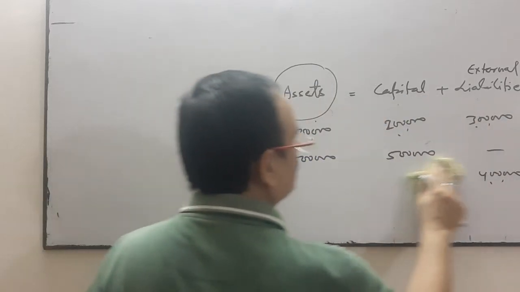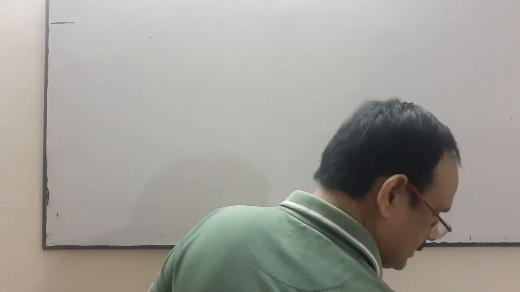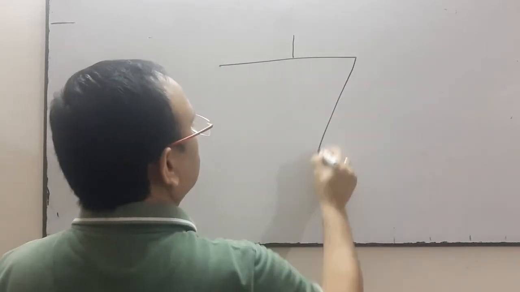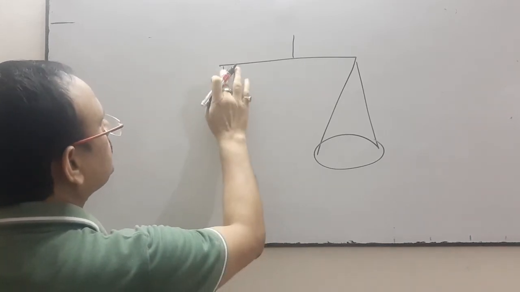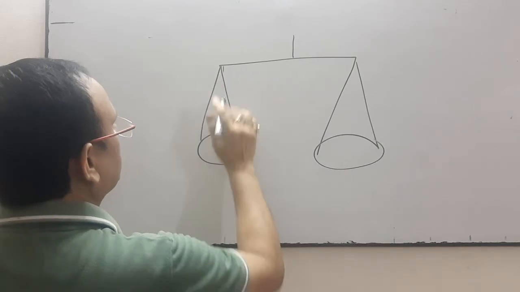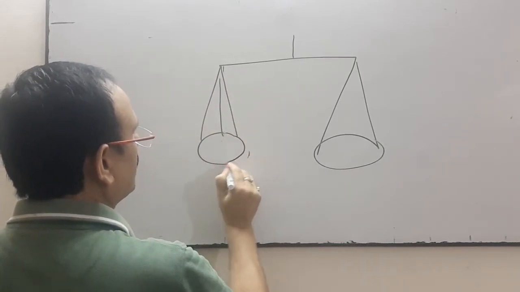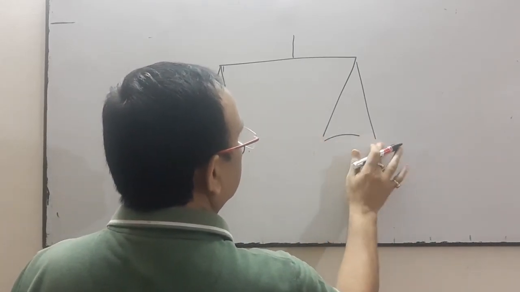Both sides of this accounting equation must be equal, just like a balancing equipment. Both sides must be equal.